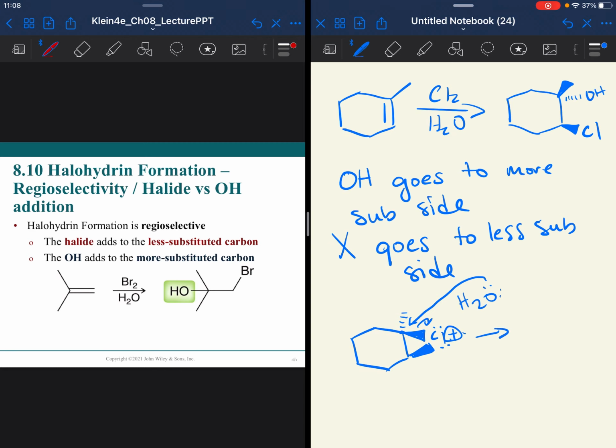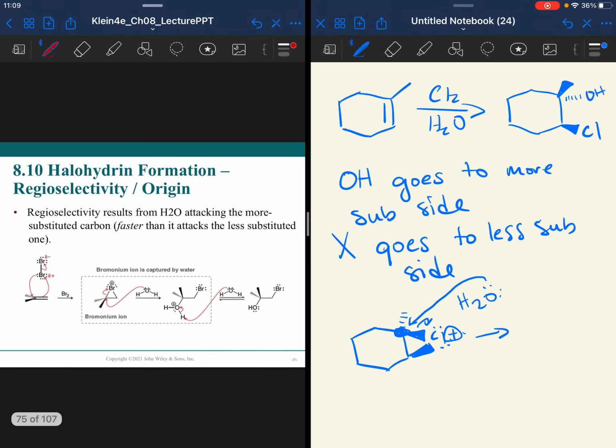As one bond breaks and the next bond forms, it leaves a partial positive on this carbon right here, the one where the bonds are shifting. And what's going to be a more stable partial positive? Well, the more substituted carbon. And so it's about that transition state energy.